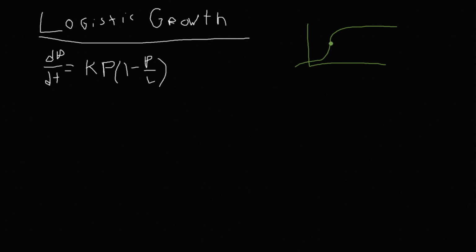And so this height right here basically goes to L, your carrying capacity. And another key thing is this is where the rate of change is the quickest. This is at L over 2, which is pretty cool.